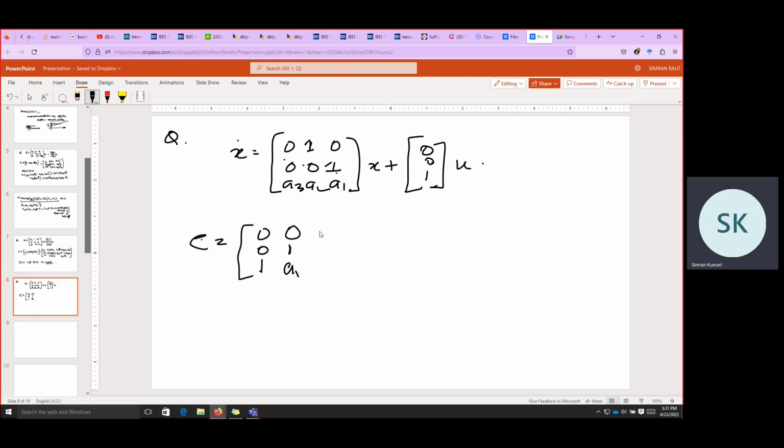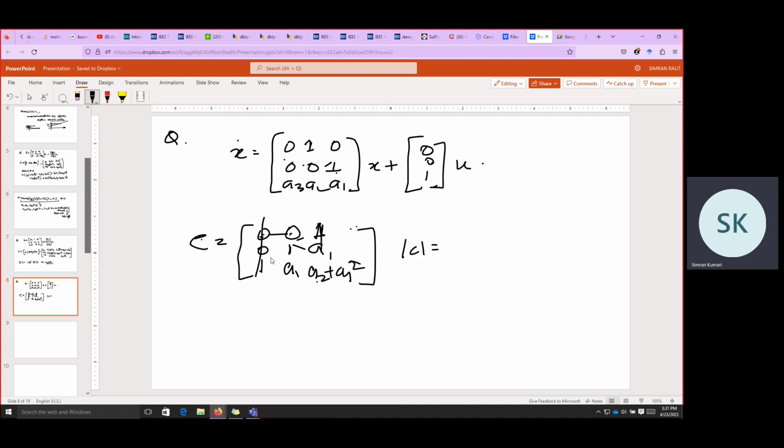Then we have A square B, so we'll have 1, A1, A2 plus A1 square. This is the determinant of C. These two terms are multiplied by 0, so they go to 0, remaining is this one, 1.